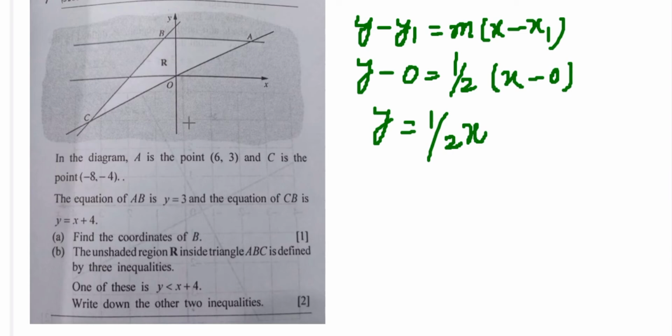Now the unshaded region R is here, and the equation of this line is y is equal to 1 by 2 x. Is the unshaded region above or below this line? Suppose you are at this line, the unshaded region is above. So the opposite inequality is y greater than 1 by 2 x.